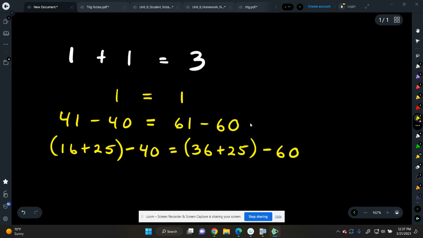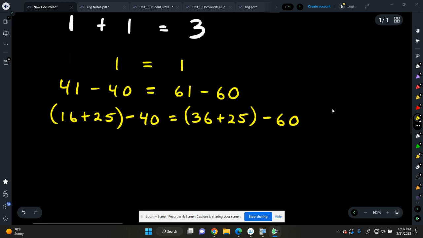Does it equal 61? Oh, yes. Okay, now 16. Is that 4 squared? Yes. How about 25? What's that? 5 squared. Okay. Now we're going to rewrite the 40.